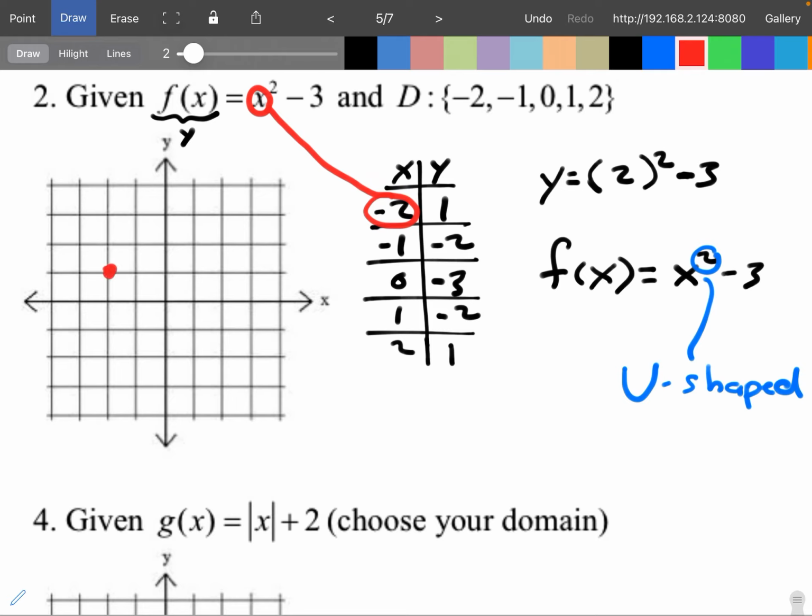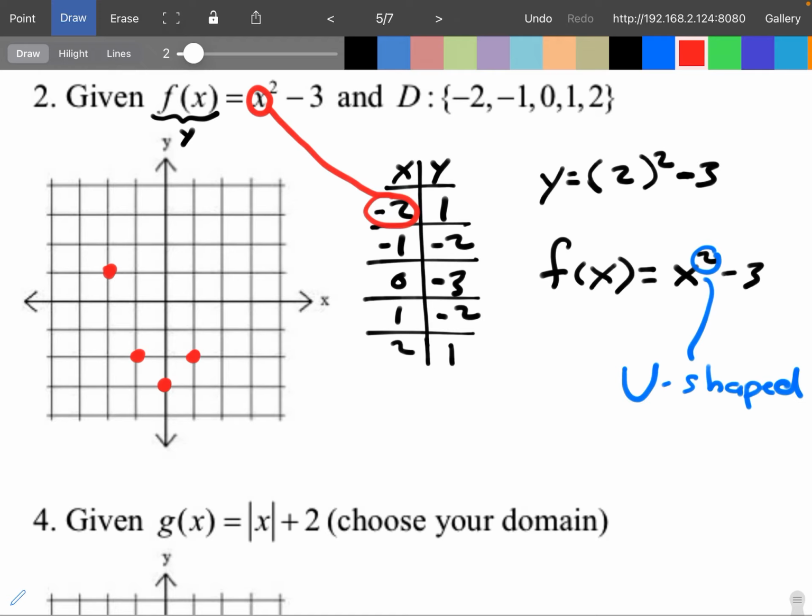Now the reason I keep reminding you of that is because if you don't get a U-shaped graph, then you know you messed it up, right? It's kind of self-checking here. If we get a U-shaped graph, we know we did it right. So let's plot the points. The first point is -2 comma 1, so that's 2 left, 1 up. The next one is -1 comma -2, that is 1 left, 2 down.